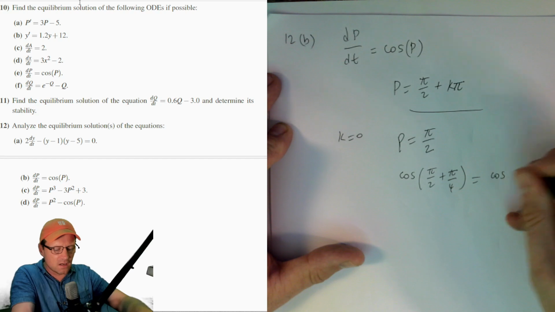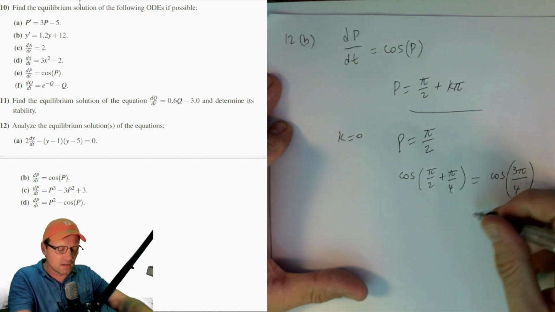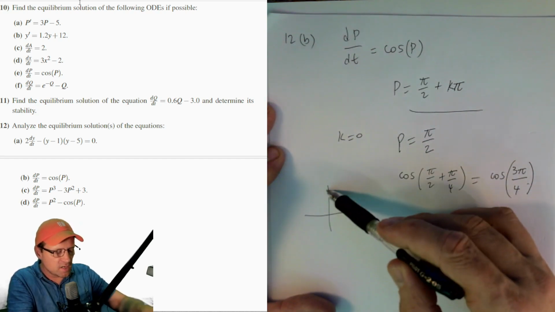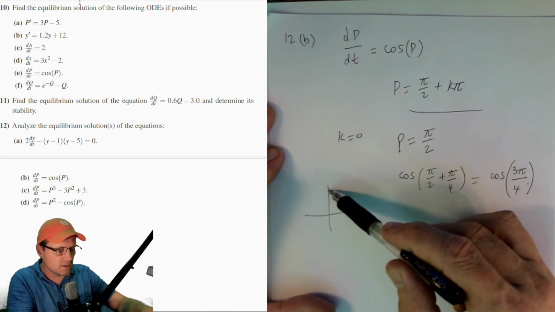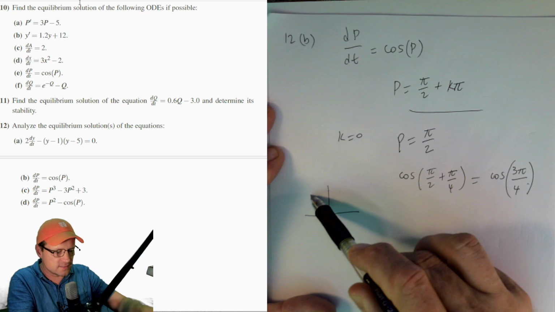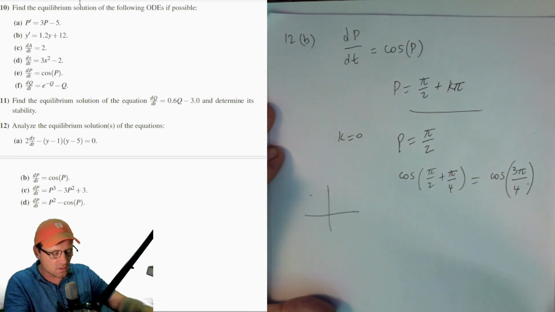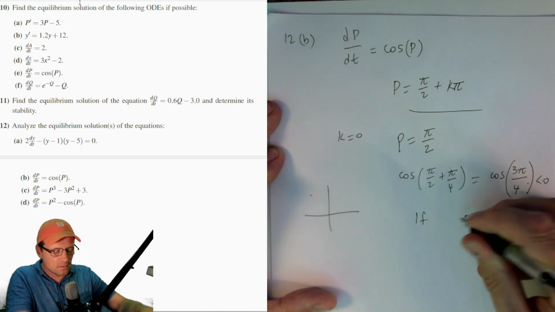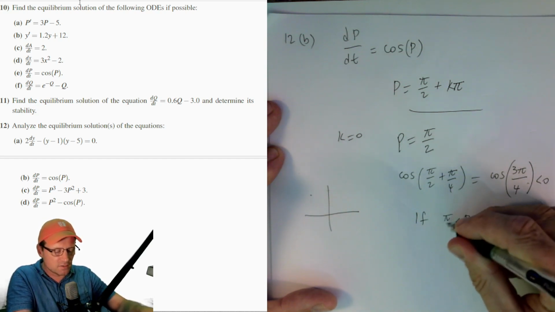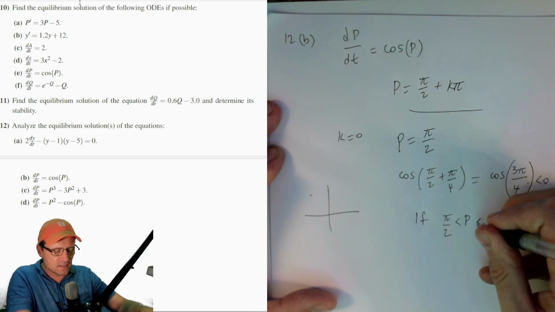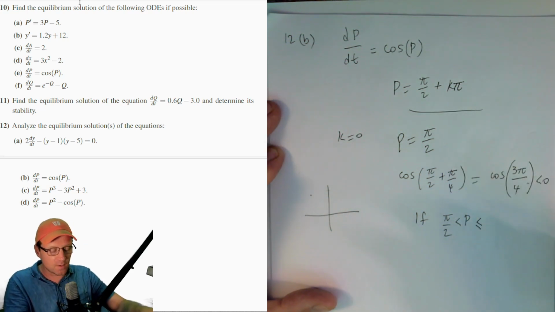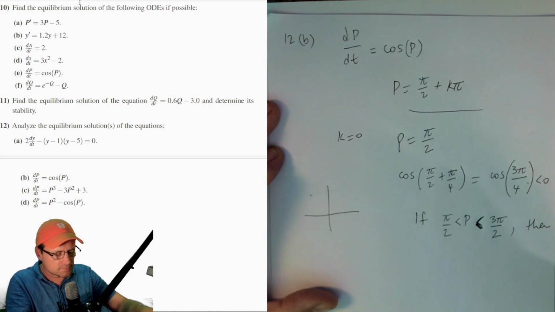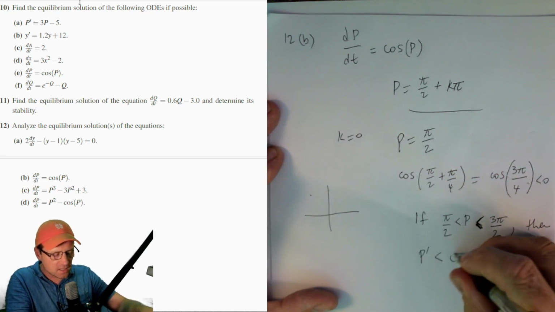So this is cos of 3 pi on 4. Okay, now which quadrant is 3 pi on 4 in? So pi on 2 is there, and then 3 pi on 4 will be here. So that's the second quadrant. So cos is negative there. And so if p is greater than pi on 2, but less than pi on 2 plus pi, which is 3 pi on 2, then p dash is negative.